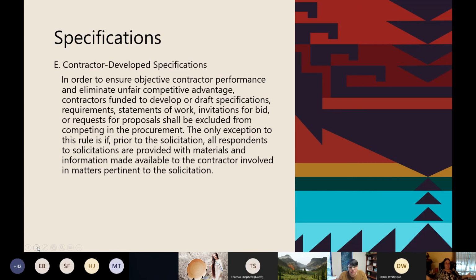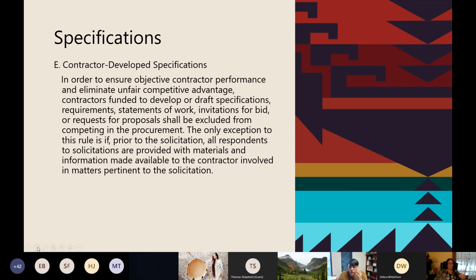Contractor developed specifications. In order to ensure objective contractor performance and to eliminate unfair competitive advantage, contractors funded to develop or draft specifications, requirements, SOWs, statements of work, your invitations for bid, your RFPs, your requests for proposals, have to be excluded from competing within that procurement.